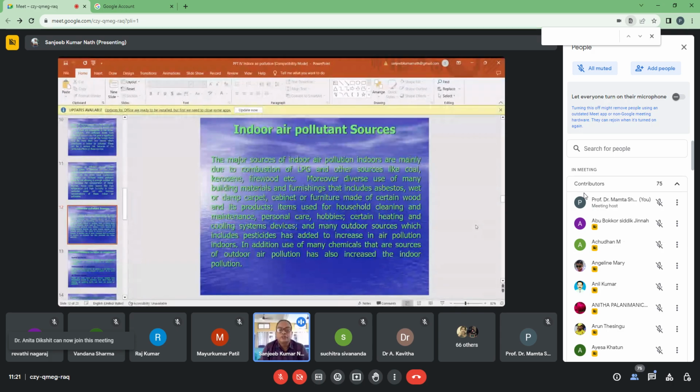In addition, use of many chemicals that are sources of outdoor air pollution has also increased the indoor pollution.